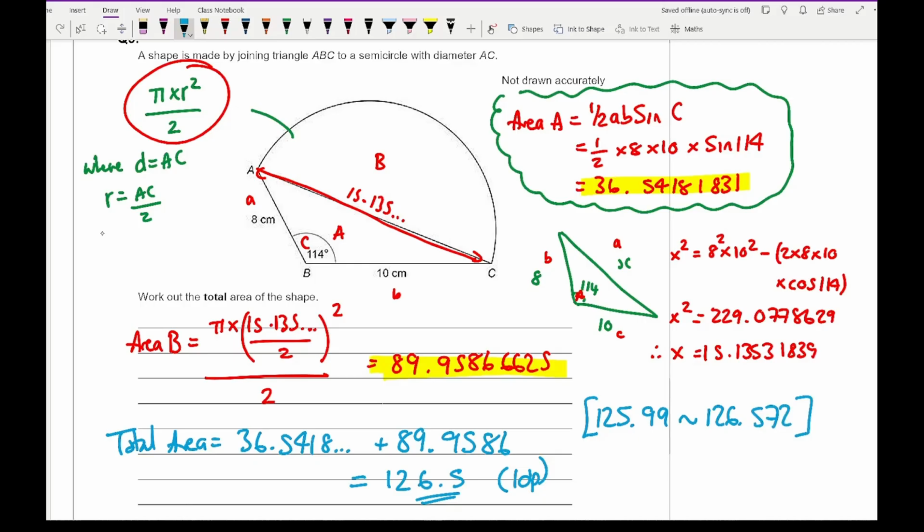So as long as your answer falls within this region here, you are going to get full marks, because it all depends on the accuracy of your rounding in your working out.